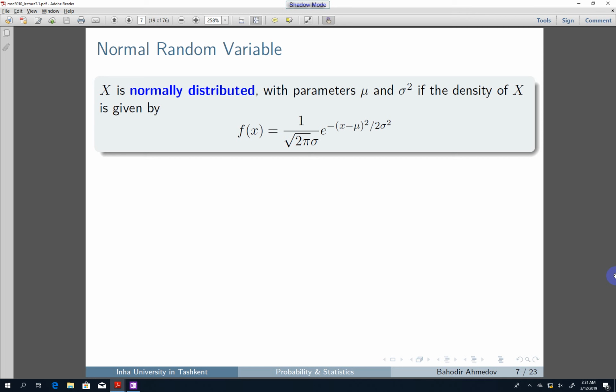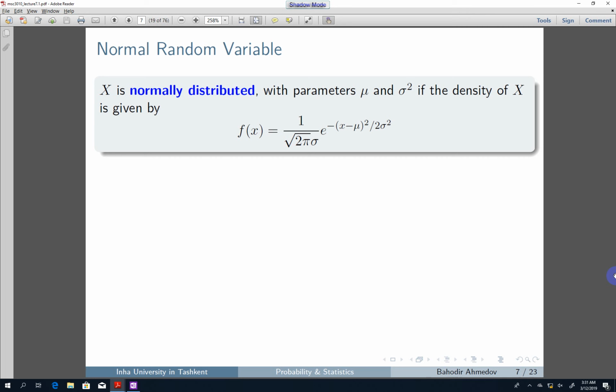Here mu is the mean, the average value of x, okay? And sigma squared is the variance. Do you remember? We just found the variance at the beginning of this lecture, right? And sigma is called the standard deviation.